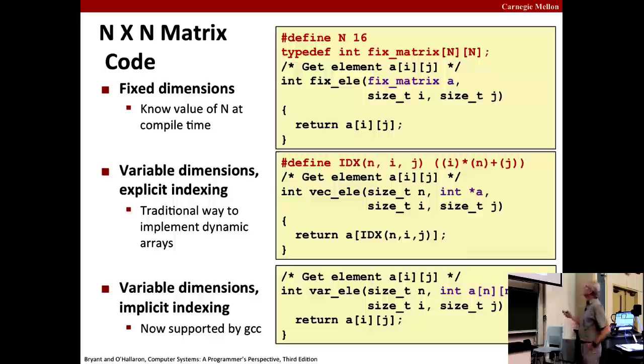It used to be in C, if you wanted to do multi-dimensional arrays where the size of the array was not fixed at compile time, you basically had to implement your own version of that computation I showed before, of scaling the row number by the number of columns and adding to it j.